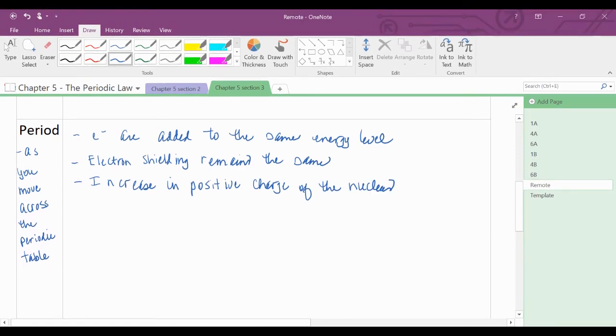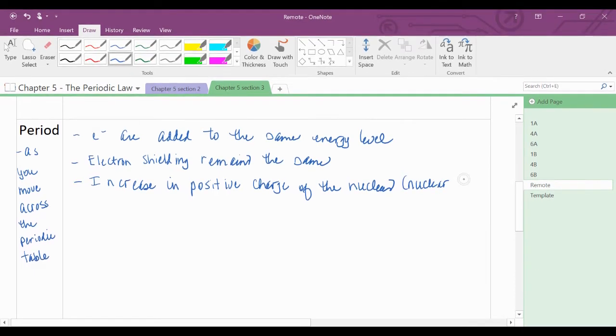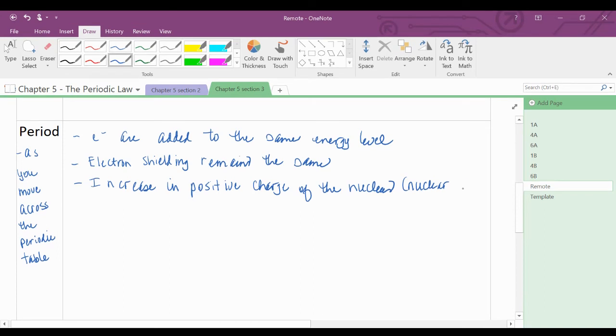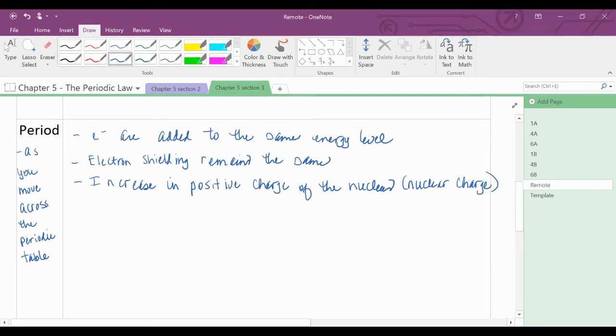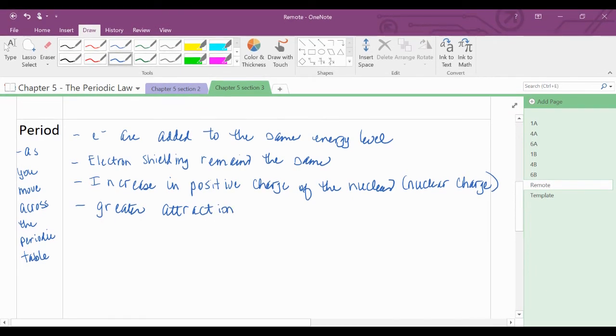And you may recall from an earlier chapter, this is referred to as nuclear charge. So if the positive charge is increasing, there's a greater attraction on electrons. That nucleus is pulling electrons toward it.